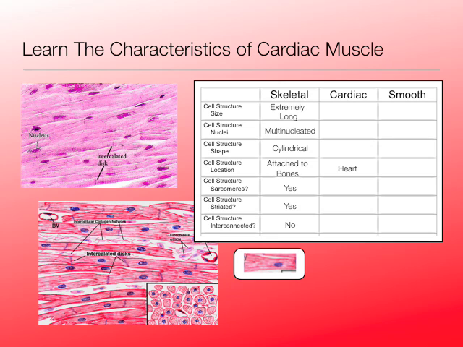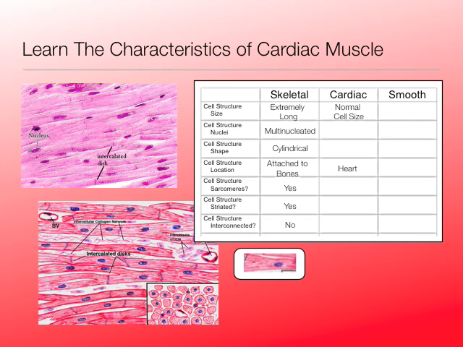They've never fused into these long muscle fibers. So the size of a cardiac muscle cell is just a normal cell size. If the skeletal muscle fiber is the length of a football field, this is just the football.